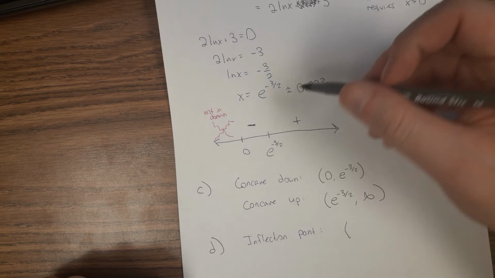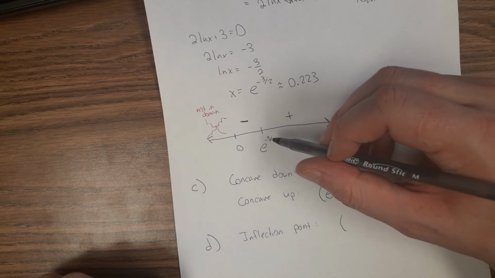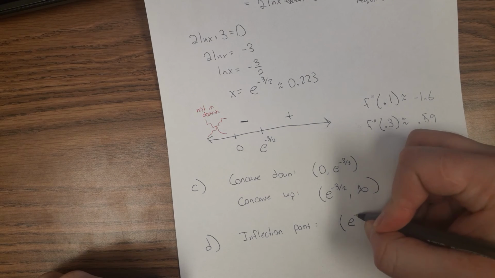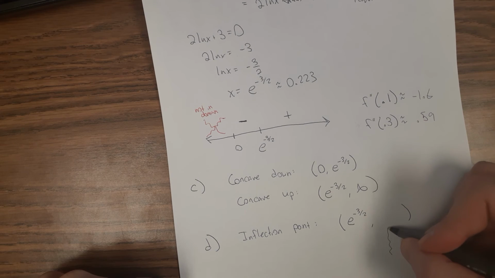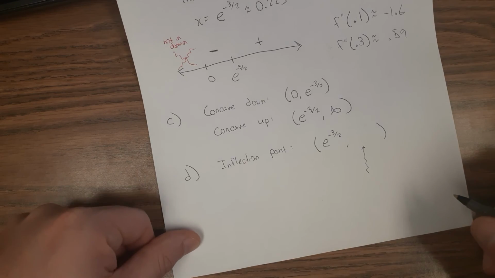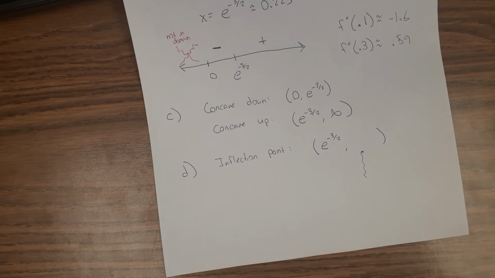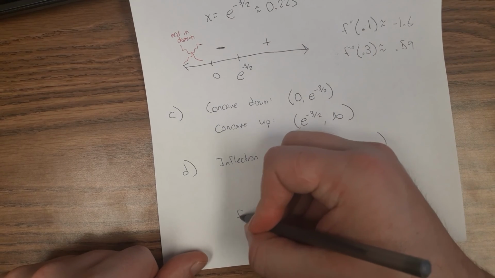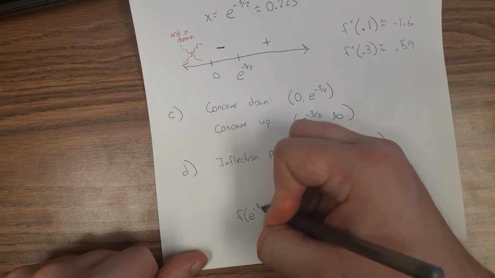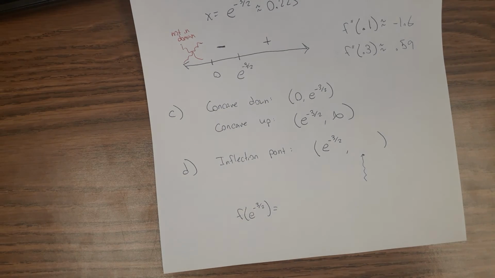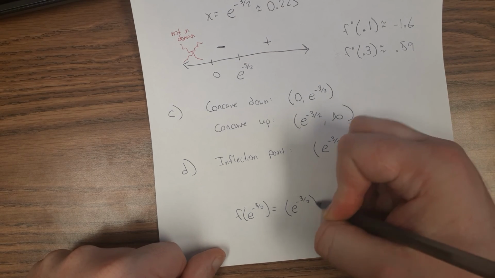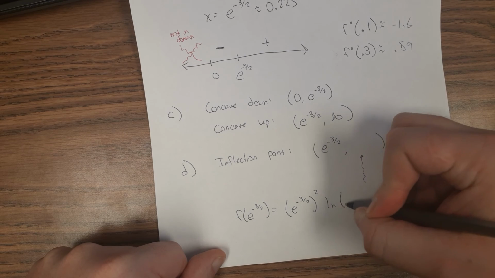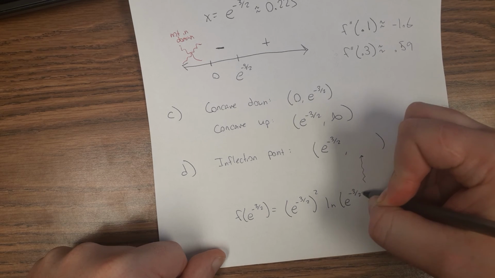So for the inflection point, I'd like to give the coordinates of the point. The x coordinate is this. The y coordinate is something that I will have to figure out because I haven't done the work for it yet. To get the y coordinate, I'm doing f of e to the negative 3/2. If you remember the original f of x, it was x squared natural log x. So it's this squared natural log of this.